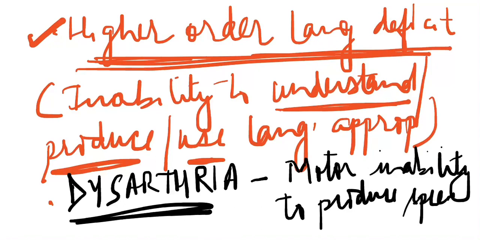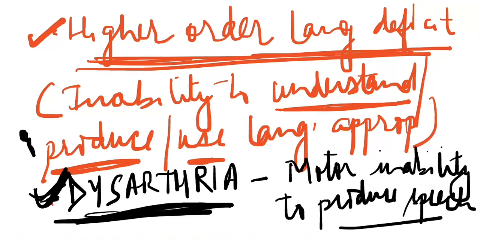So in dysarthria, the speech centers are not affected. From the motor, premotor area onwards there will be a deficiency, or we can say a movement deficit, in the case of dysarthria, right?